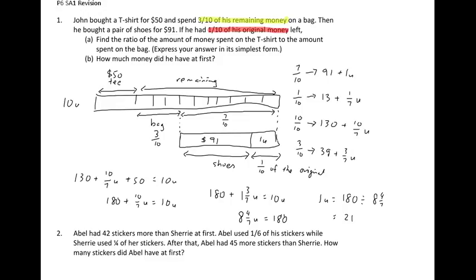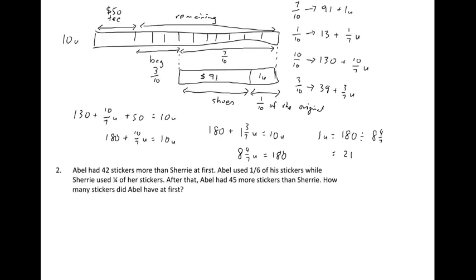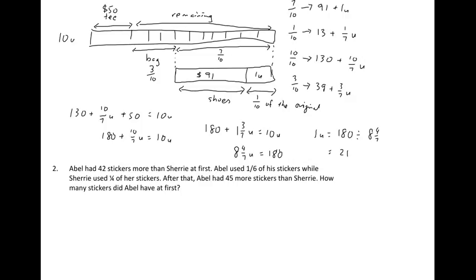Now we need to find the amount spent on the bag. We need to find 3 over 7 unit. Yes or no? So 3 over 7 unit will be $9, right? So to find the amount spent on the bag, it will be 39 plus 9, which equals 48.